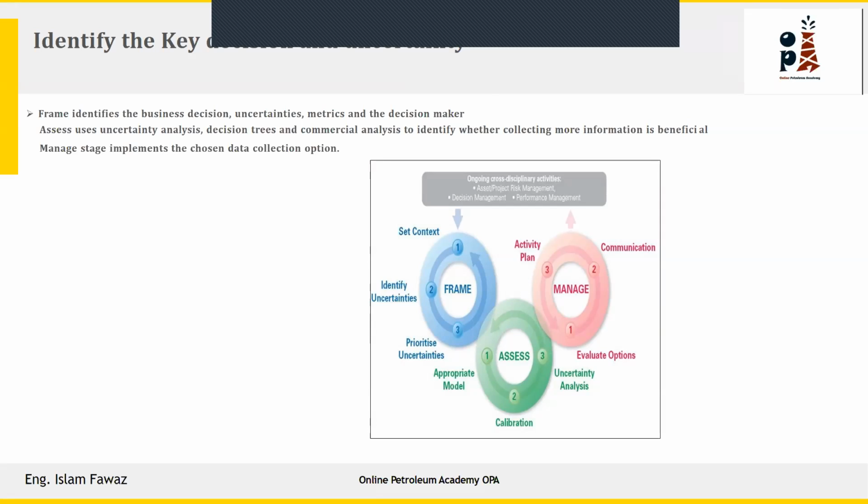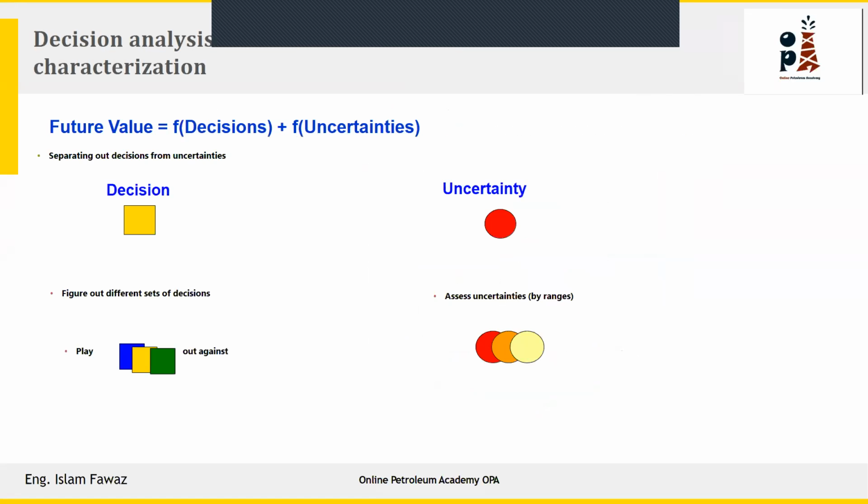This is the work plan. We have 6 work plans, 3 annual deliveries, 3 pumping jobs, 3 workovers, or some similar jobs. We have a technical work plan, and the technical data supports your work plan. This is the decision analysis and the characterization of the decision. The future value is a function of your decision and a function of your uncertainty.